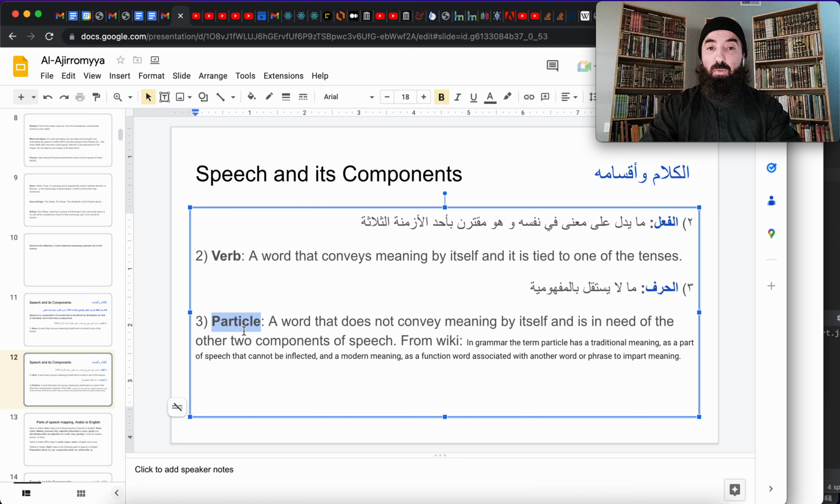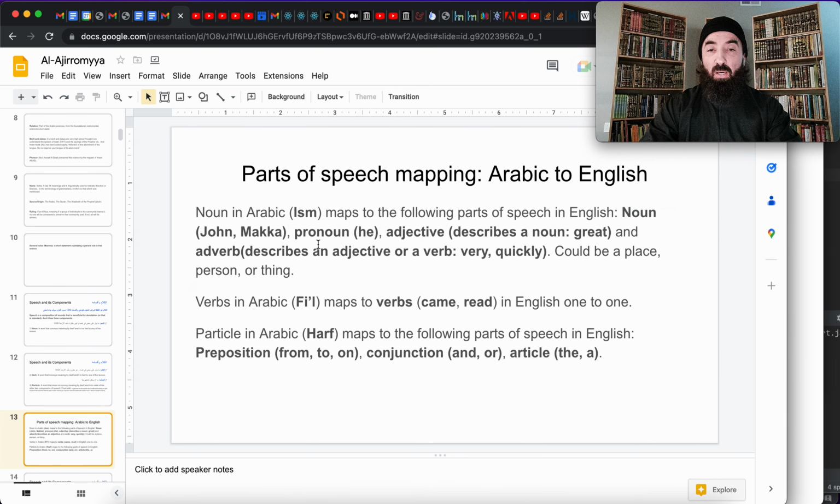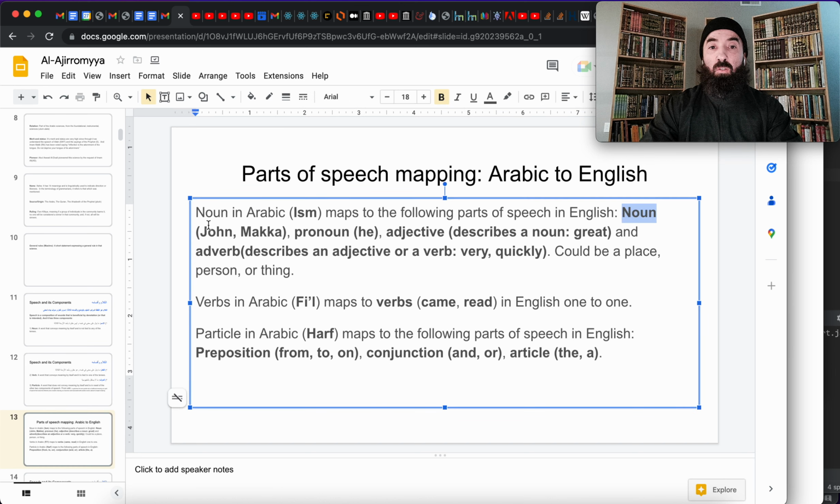Right. So these are the three parts of speech, the main parts of speech in all languages, and obviously there are different subcategories that fall under these parts of speech. And here I mentioned some of the mappings. For example, in Arabic, what we call an ism will map to the following in English. An ism could be a noun, a pronoun, an adjective, an adverb, it could be any of these things, right? It could be a place, a person, or a thing.